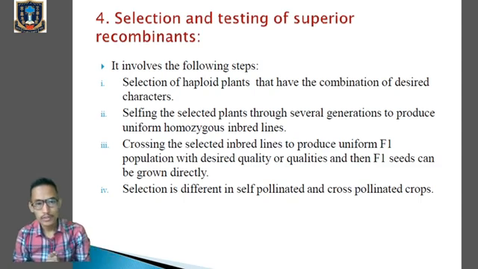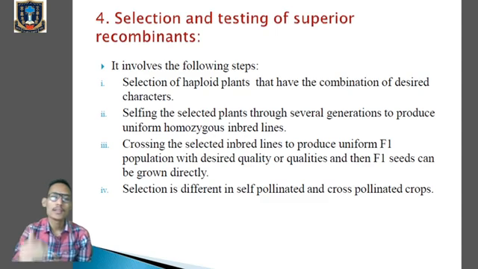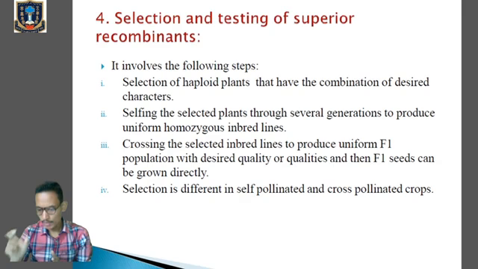It involves the following steps. The first step is selection of hybrid plants that have the combination of desired characters. Hybrid plants must bear the desirable parental characteristics. If the characters from both the parents are inherited by the progeny, those particular hybrid plants have to be selected.